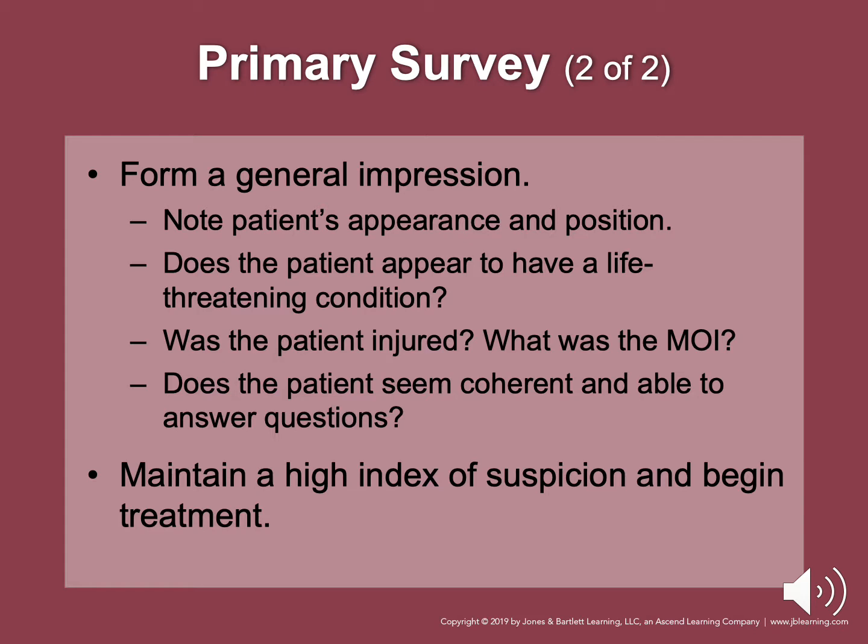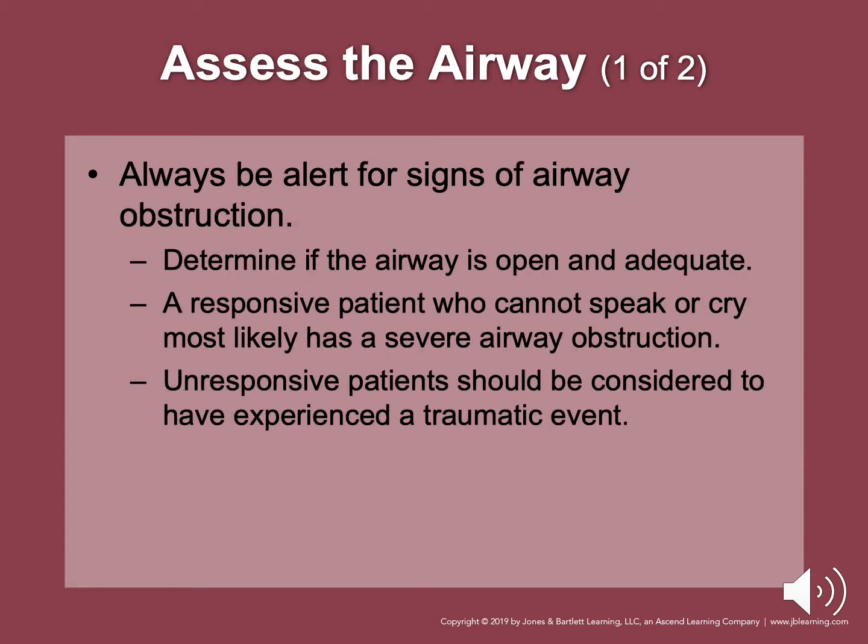Always be alert for signs of airway obstruction. Determine if the airway is open and adequate. A severe airway obstruction will result in inadequate or absent airflow into the body and out of the lungs, and inadequate perfusion to the entire body.